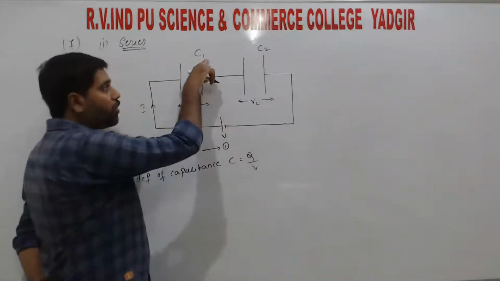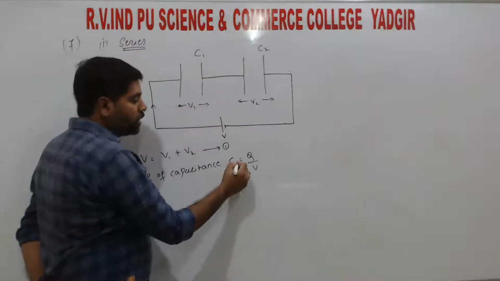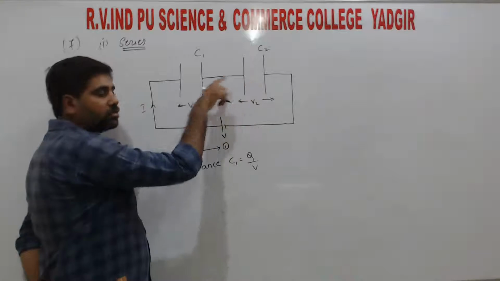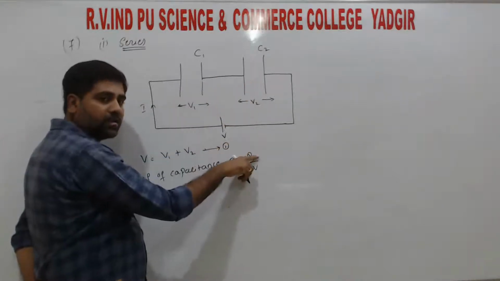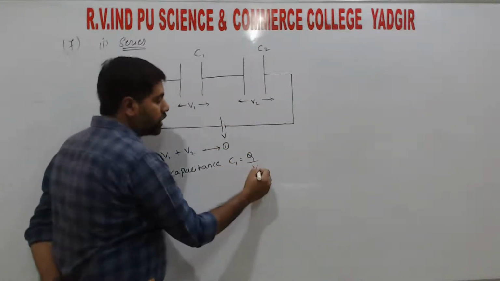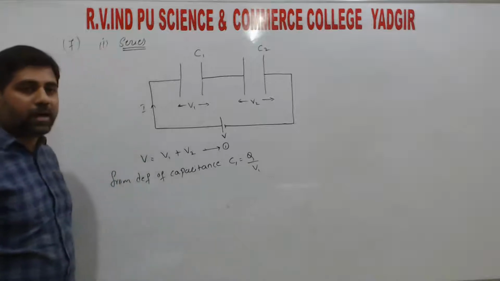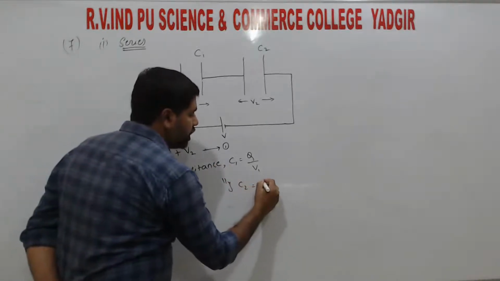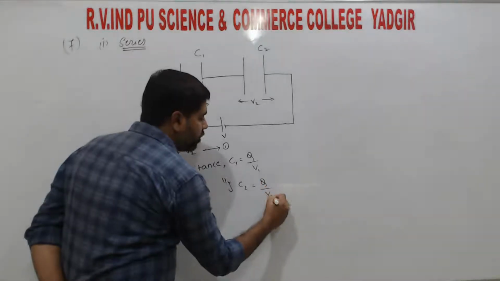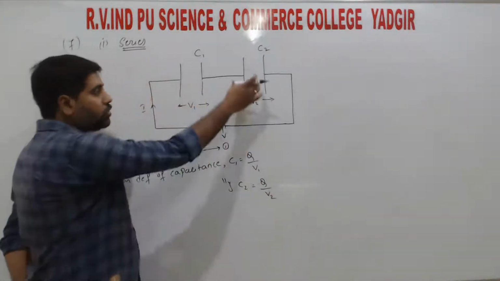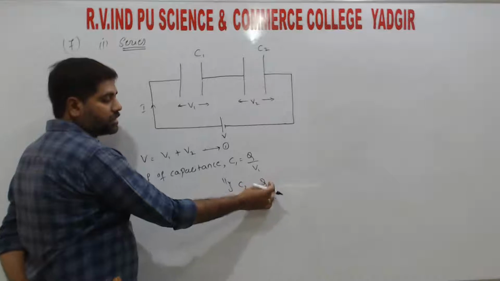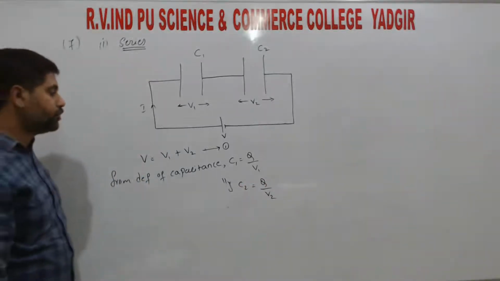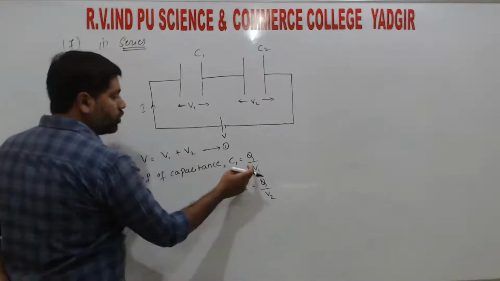For the first capacitor, C1 equals Q divided by V1, where Q is the same on both the capacitors. Similarly, C2 equals Q divided by V2, where the charge is the same and the potential is V2, right? So substitute V1 and V2.